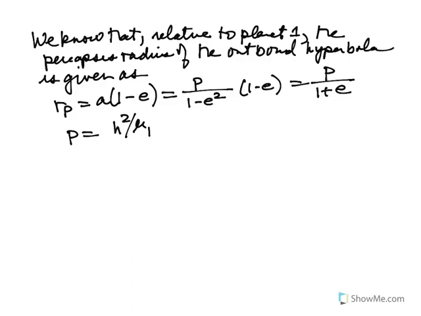And so we get that RP is equal to H squared all divided by mu 1 all divided by 1 plus E.